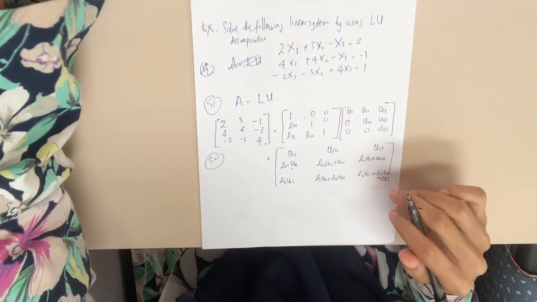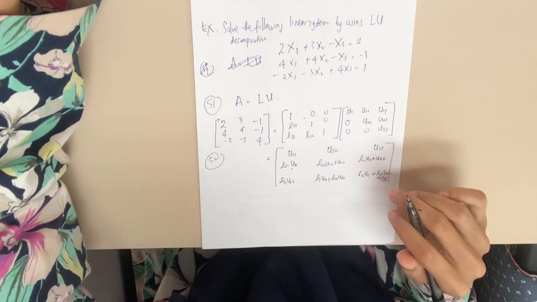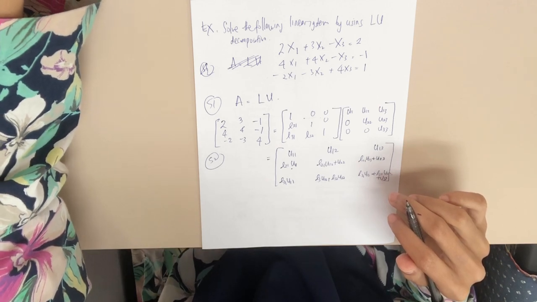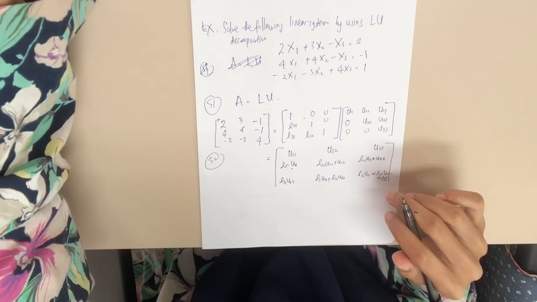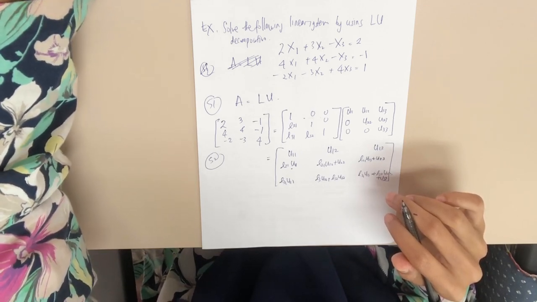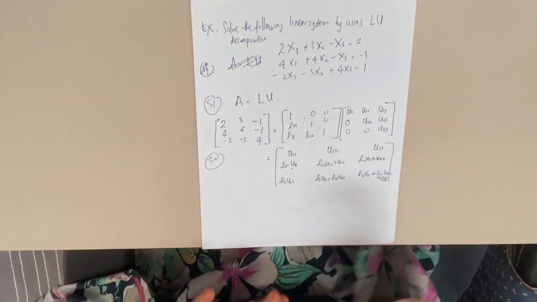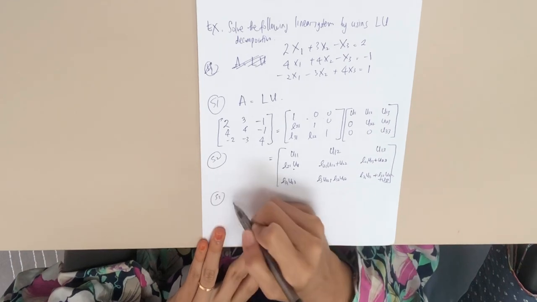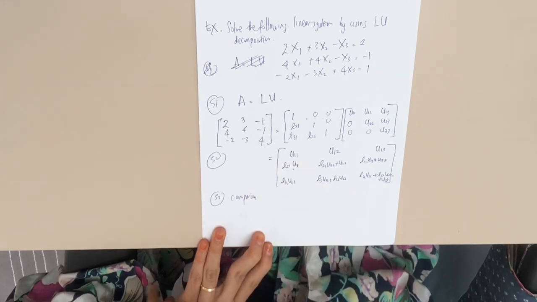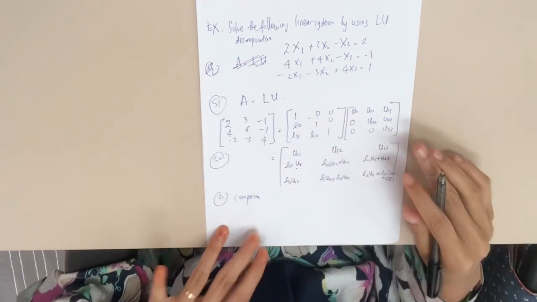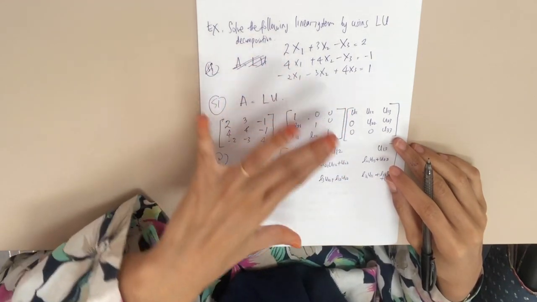Okay, so the next step is what? The next step is to make a comparison. Now we want to compare with matrix A. It doesn't matter what the step number is, but this is how you first write, then multiply, and so on.